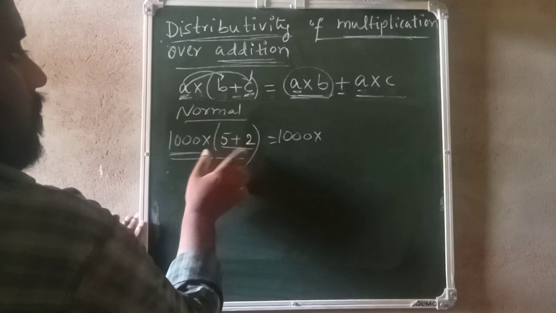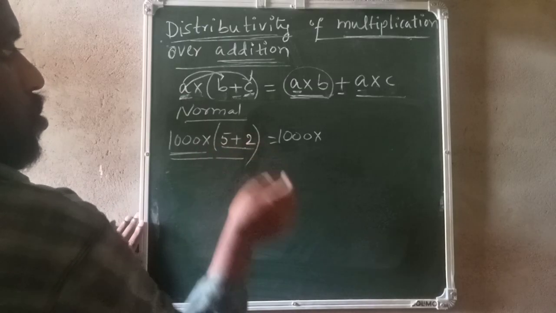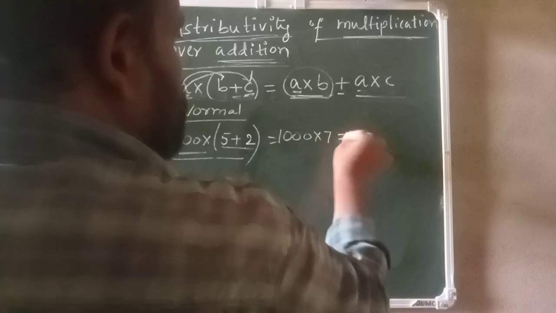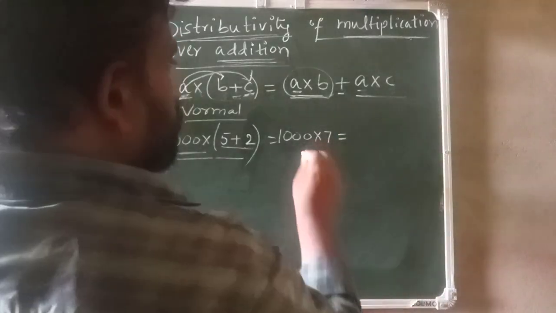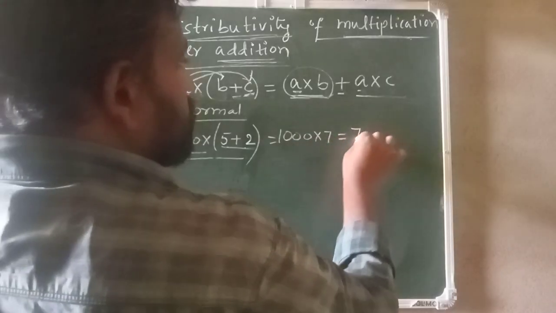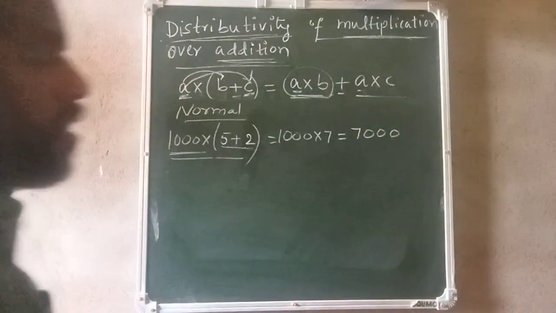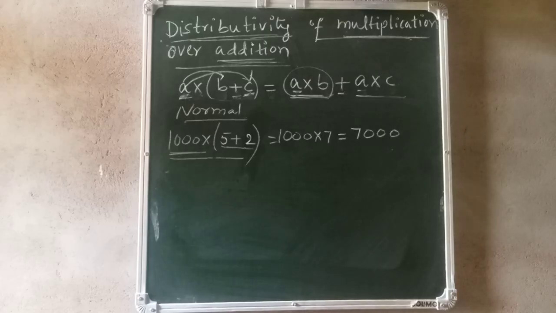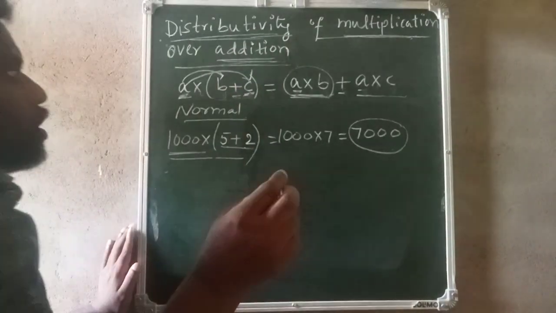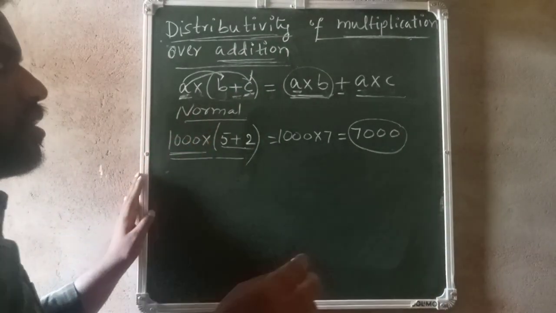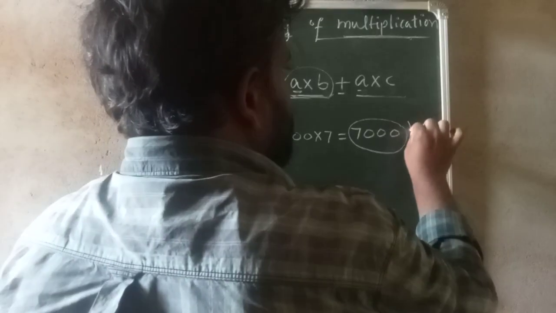So inside this bracket we have pi plus 2. Pi plus 2 is how much? 7. Now 1000 into 7, how much? 7000. Correct? So using normal multiplication, we got 7000 as the answer.